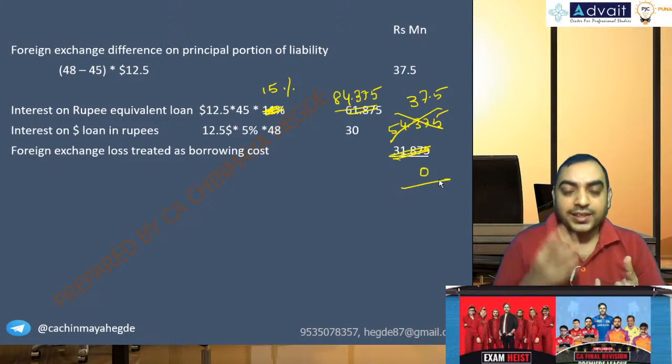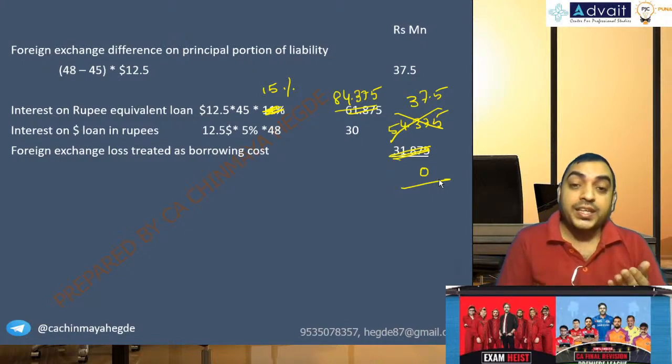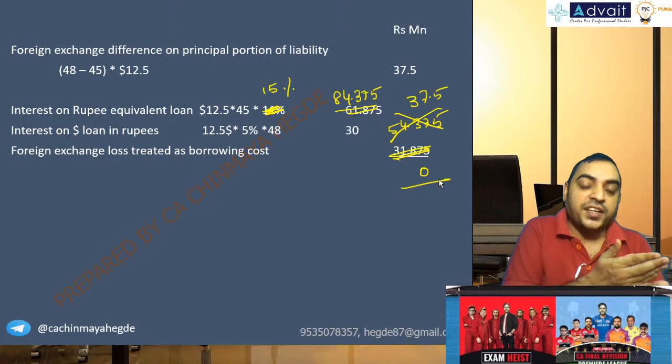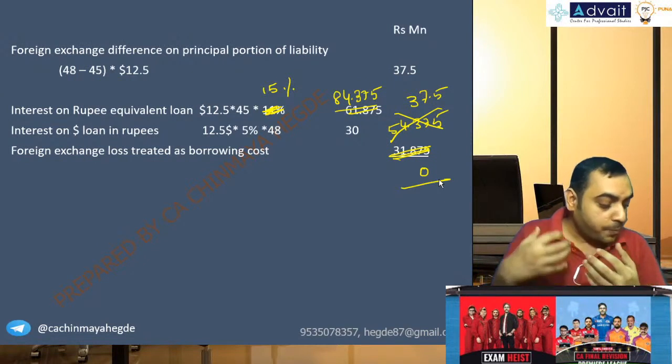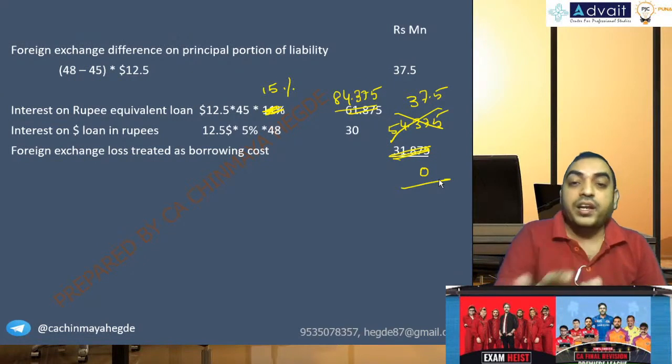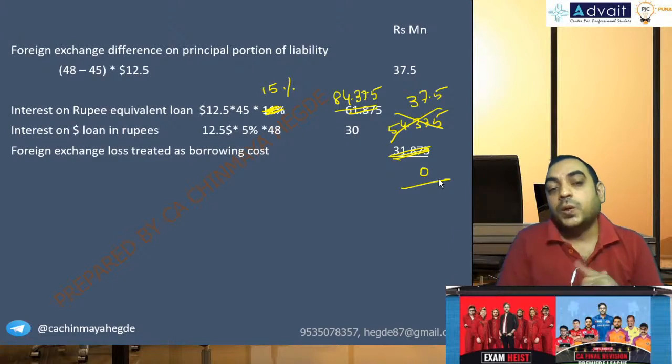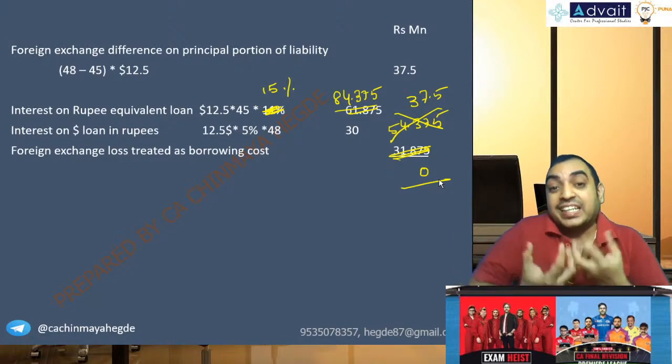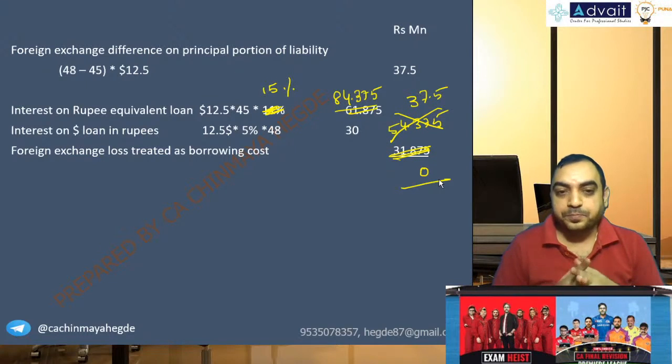So if the savings happen to exceed the exchange difference, we limit ourselves to reporting only to the extent of exchange loss. We don't artificially create exchange gain.